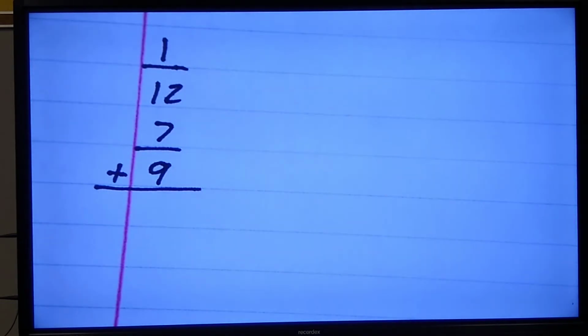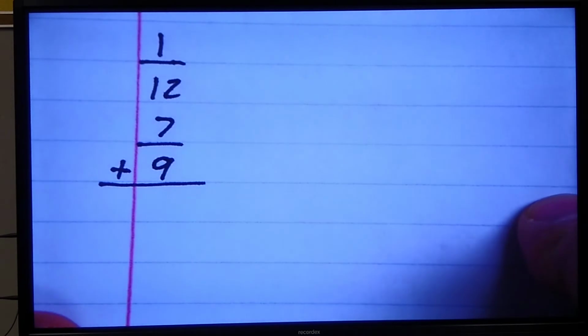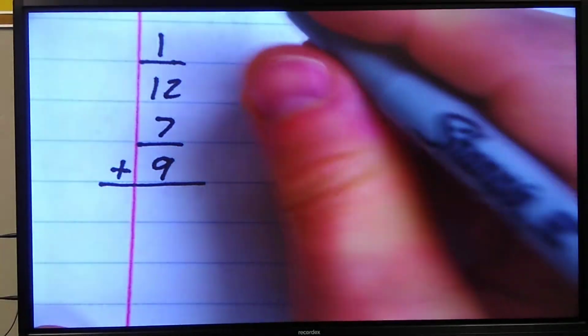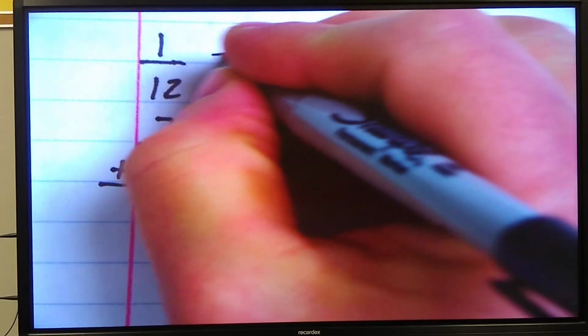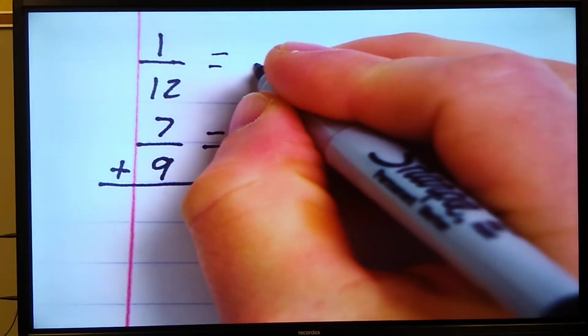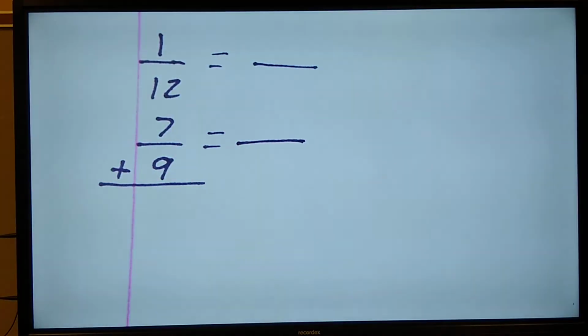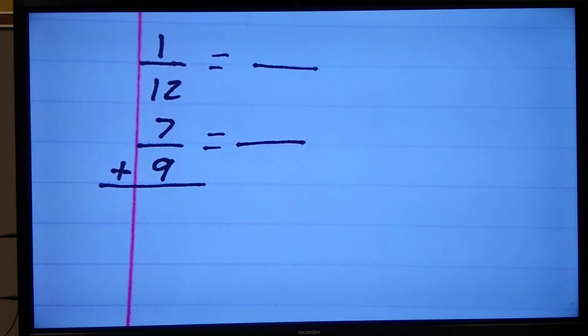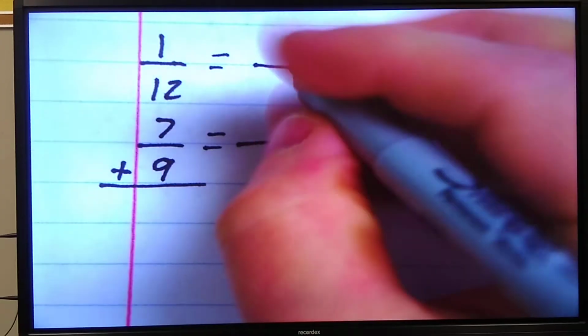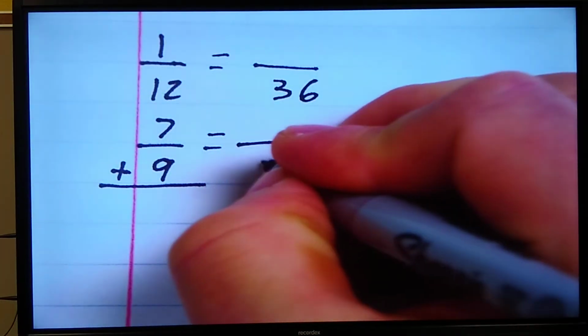All right. Remember, this is addition. So, for the least common denominator, you should have gotten 36.